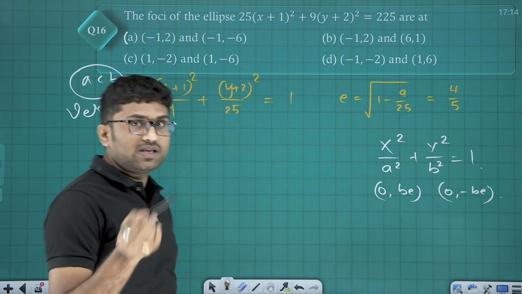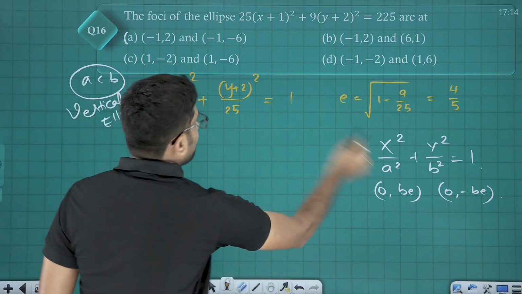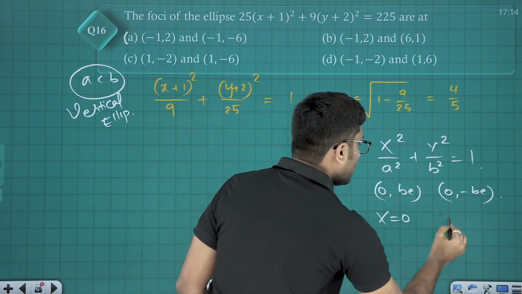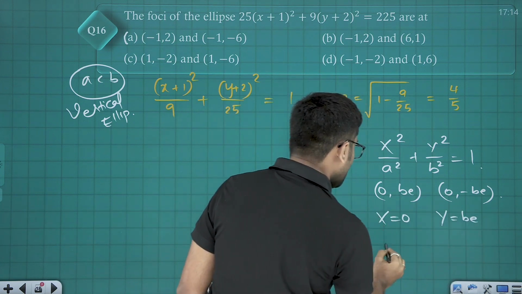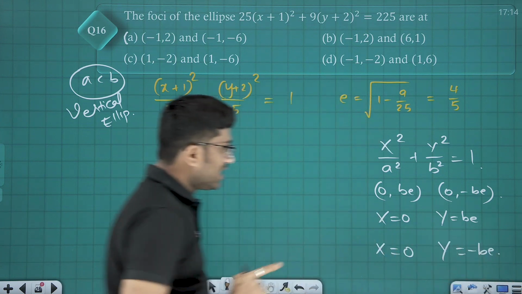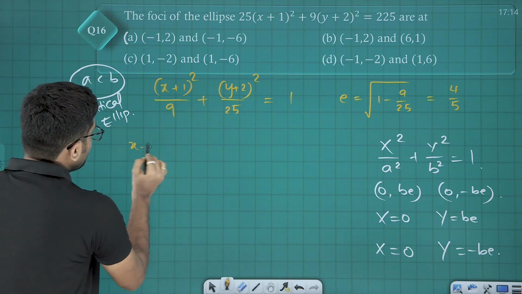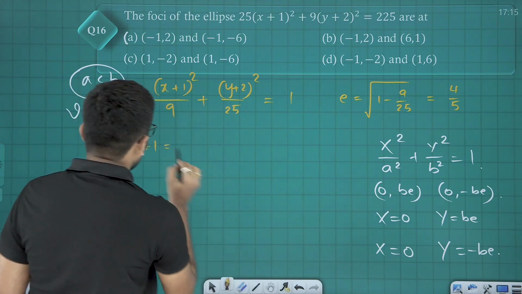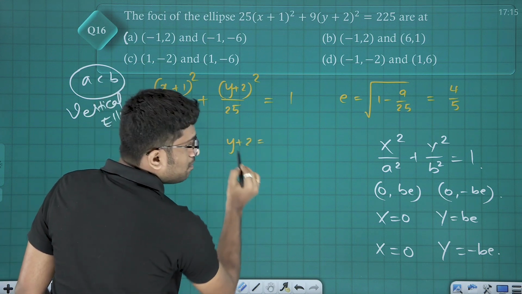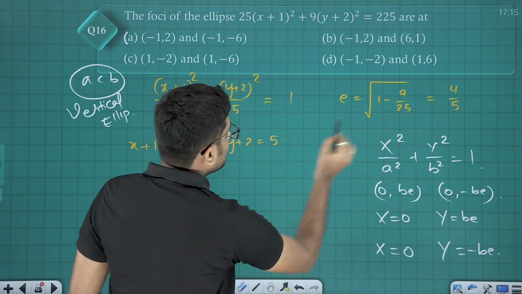So if you compare this with this, here we have x is equal to 0, y is equal to be, and x is equal to 0, y is equal to minus be, which are the two foci, correct? But in place of capital X, here we have x plus 1. So x plus 1 is equal to 0 and y plus 2 is equal to be. B is 5 into eccentricity 4 by 5.